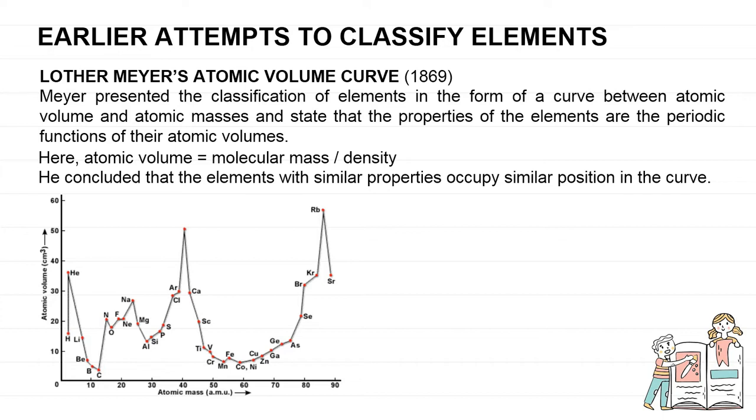Here atomic volume was given by molar mass upon density, and he concluded that elements with similar properties occupy similar positions in the curve. For example, if helium has attained a position on the curve, the other elements having properties similar to helium will also get a similar position, that is a peak, in the given curve of atomic volume and atomic mass. So this was Lothar Meyer's atomic volume curve.